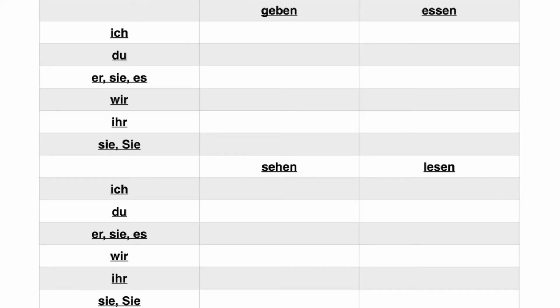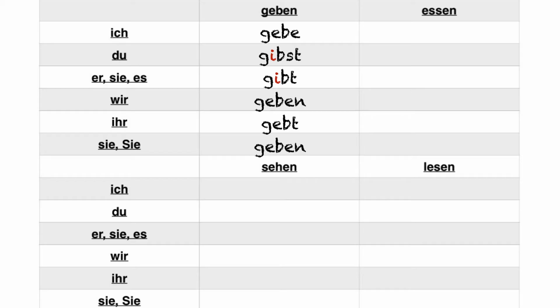The next version of a stem change that we have is an E to an I change, and I gave you the examples of geben and essen. Geben takes an I where it has an E before in the stem, so we have geben changing to ich gebe, du gibst, er sie es gibt, wir geben, ihr gebt, sie geben.